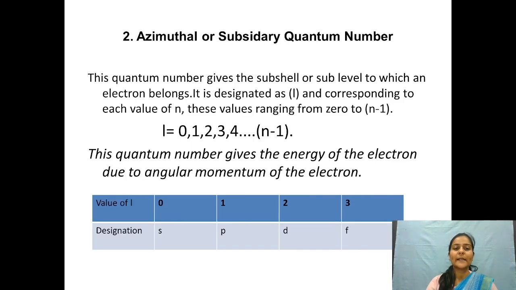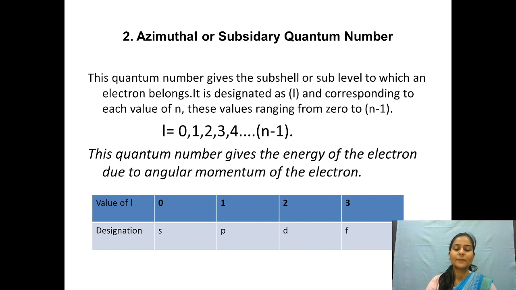Now the second one is the azimuthal or subsidiary quantum number. This quantum number gives the subshell or sub-level to which the electron belongs. Firstly, we discussed the shell, and now it is the subshell, and it is designated as small l.